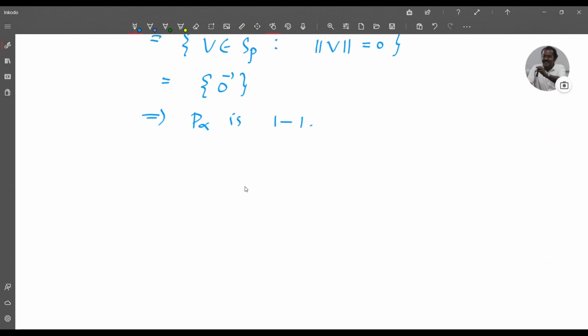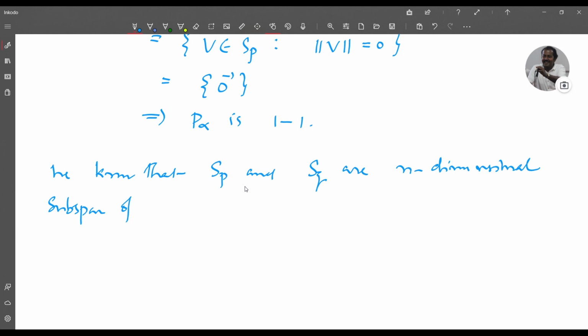Now we prove P alpha is onto. We know that SP and SQ are n-dimensional subspaces of R^(n+1) respectively.